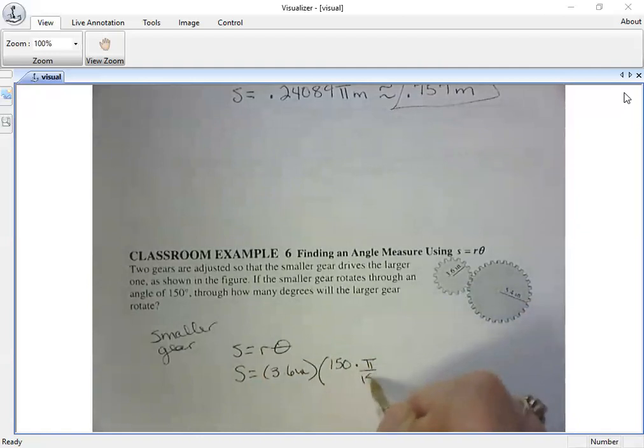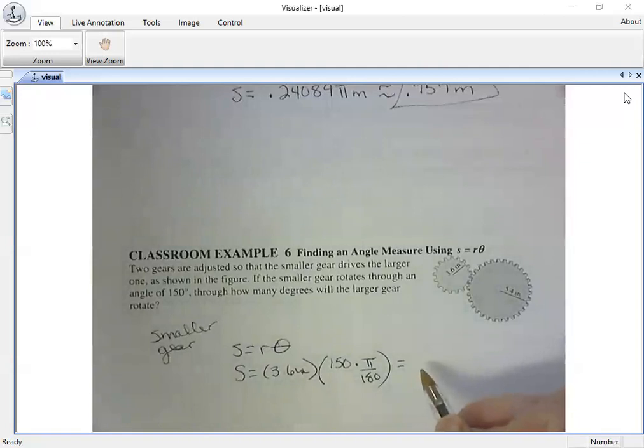Pi over 180, and we can just clean it up in the calculator at one time if you want. Okay, so let's keep it exact. Let's not put in a decimal approximation for pi. So multiply this out and tell me what you're going to end up with for your sector length. 3 pi. Very good.